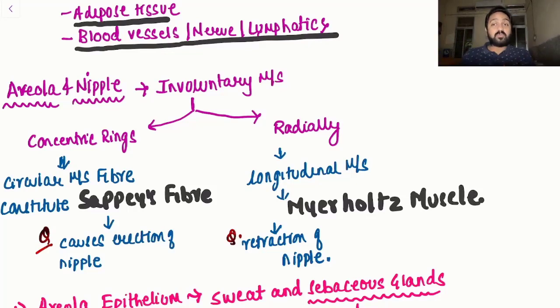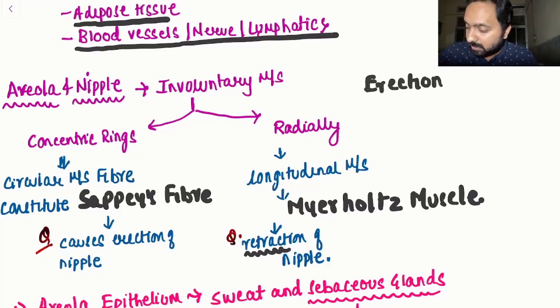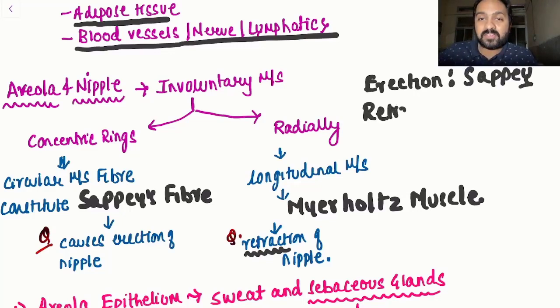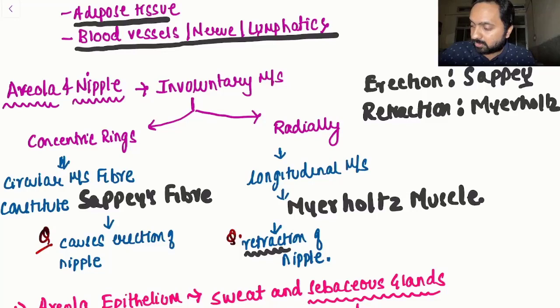Now this is responsible for your retraction of nipple. So erection of nipple is because of your Sappey's fibers and your retraction of nipple is because of your Meyerholz muscle. So this is a very important topic and an expected MCQ from this region.